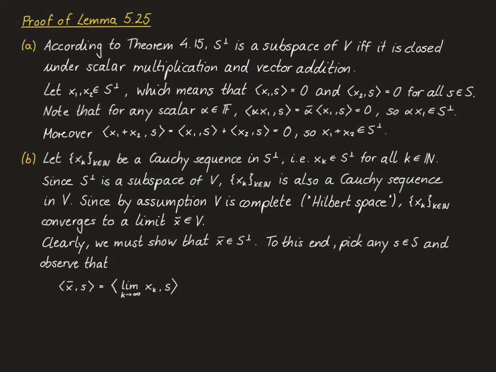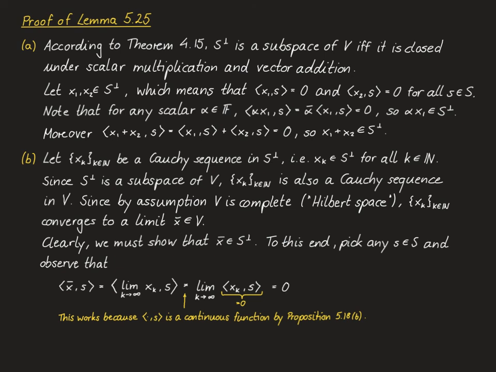And now by proposition 5.18b, we have that the inner product is a continuous function in the first argument, and therefore we can take the limit out of the first argument and have that this is equal to the limit as k goes to infinity of the inner product of xk with s. And since all the xk are in S perp, these inner products are all 0, and we have that the limit as k goes to infinity of the 0 sequence is of course equal to 0.